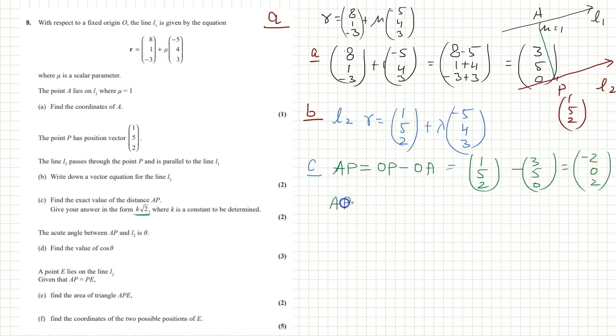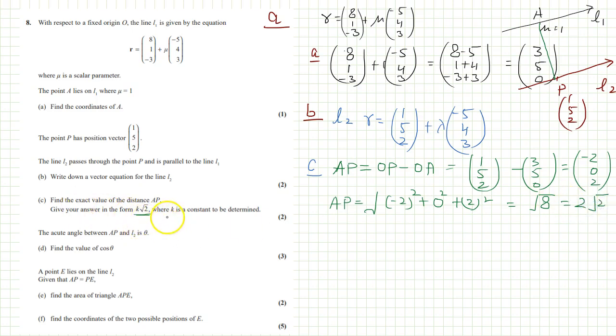So AP will be root of minus 2 square plus 0 square plus 2 square. So that will be equal to 4 plus 4, 8. Root 8. That is 2 root 2.